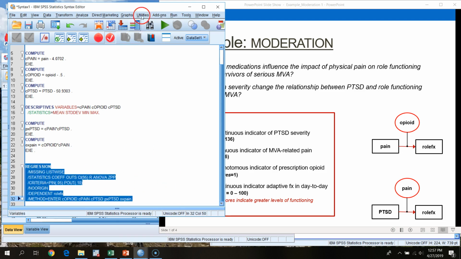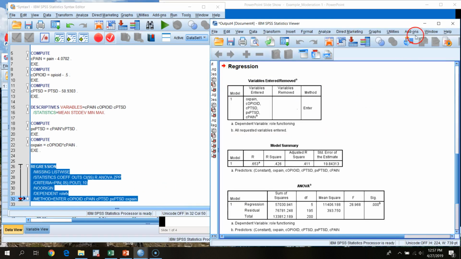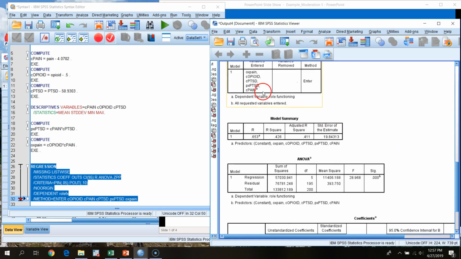So I'm going to run this, and in terms of my output, here's my model R squared, so my total for the entire model.